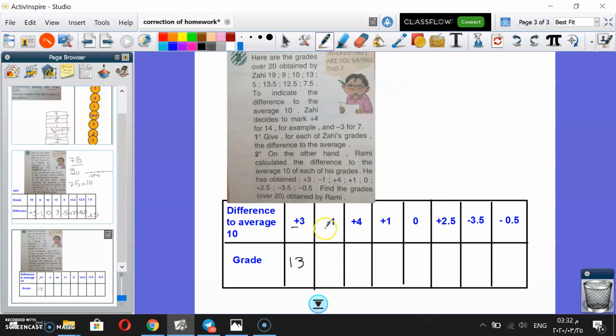If he is minus 1 below the average, so the average is 10, and he is 1 grade below the average, so 10 minus 1 equal 9 or plus 9. The same for plus 4. Plus 4 or 4 points above the average, so 10 plus 4, or we can say plus 10 and plus 4, it will be plus 14.